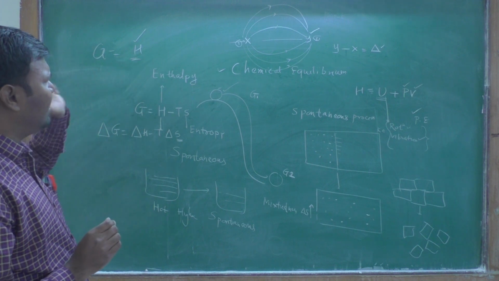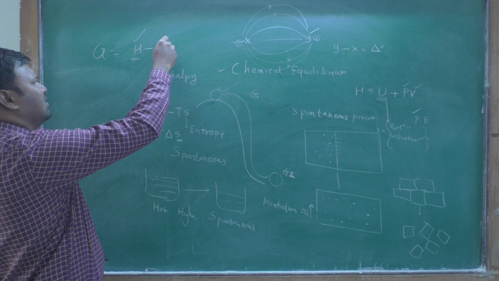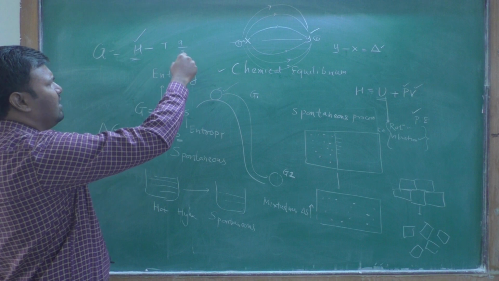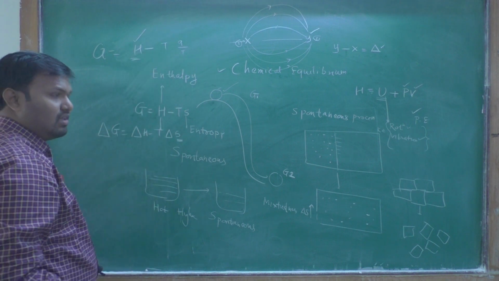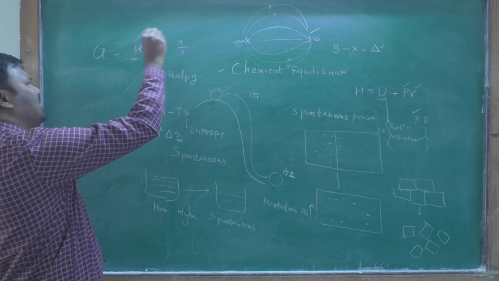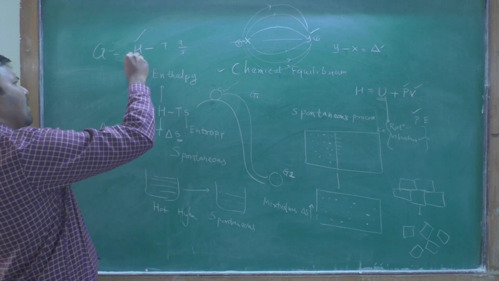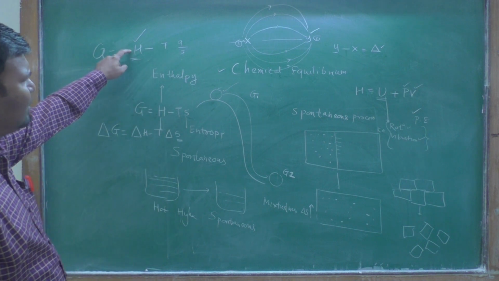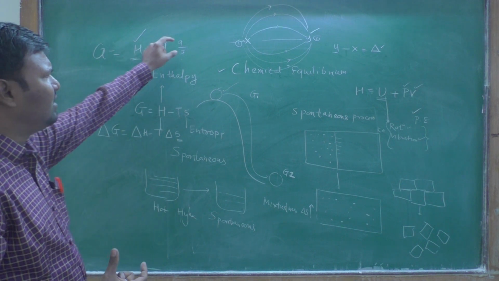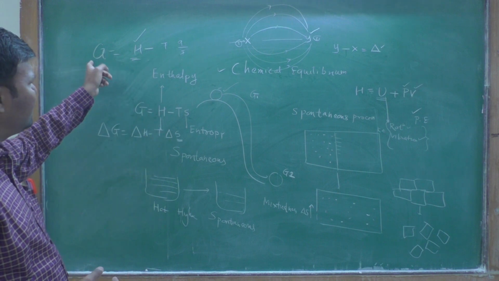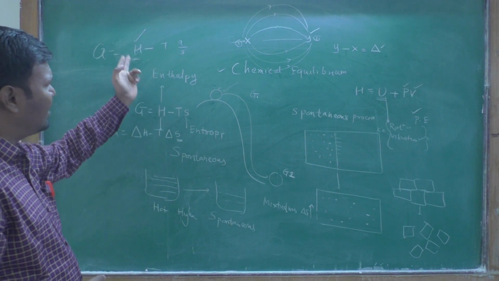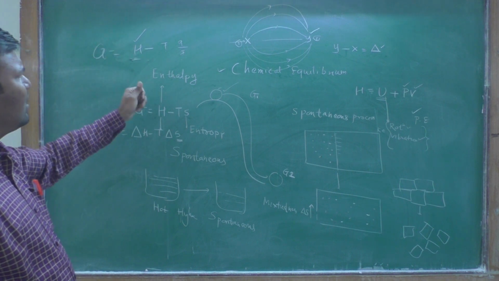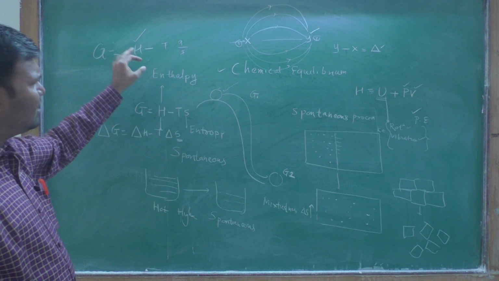Remember, therefore heat energy minus temperature times S, and S is given by Q upon T. Therefore heat minus heat, since T is cancelled; or energy minus energy. Heat is there, energy is there. Therefore G is heat minus heat, energy minus energy. When you find its units, you find that its unit should be energy. Okay, that is energy.